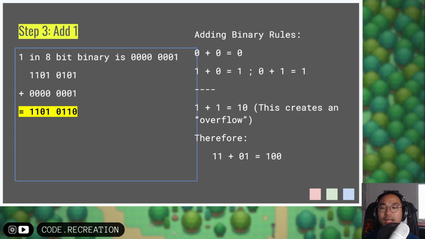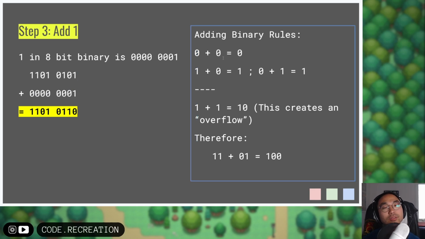So 1 in 8-bit binary is 00000001, and we're going to add that to our complement 11010101. Well, when we add binary numbers together, 0 plus 0 will give you 0, 1 plus 0 gives you 1, and 0 plus 1 gives you 1.